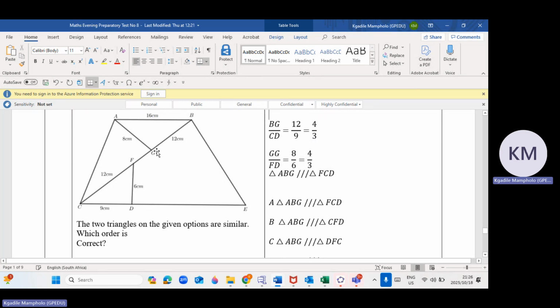AB is opposite to G, and CF is opposite to D. That's why G equals D. So in similarity and congruency, you must arrange them in the order the angles are equal to each other. But don't forget that the equal angles are the angles opposite to the sides that you divided together to determine your proportion.